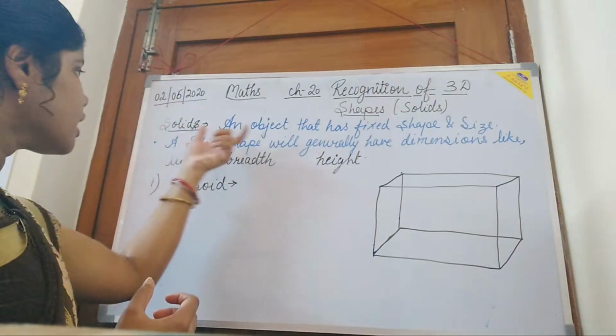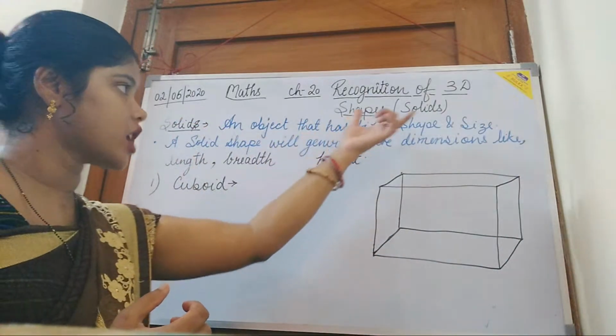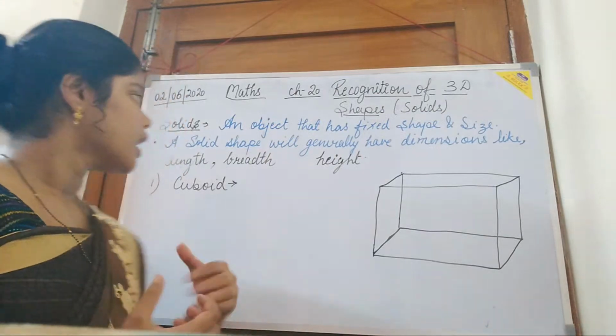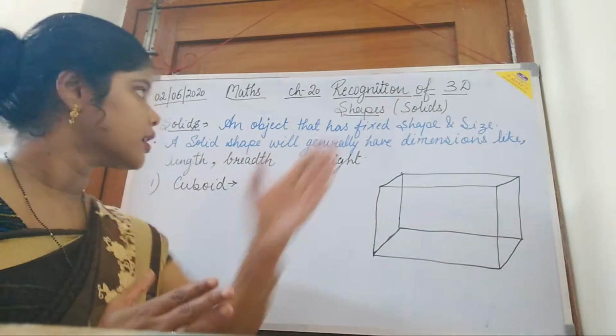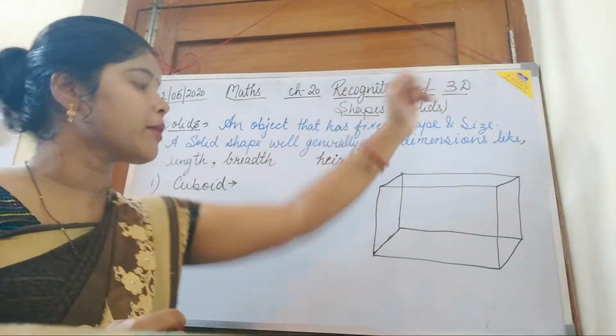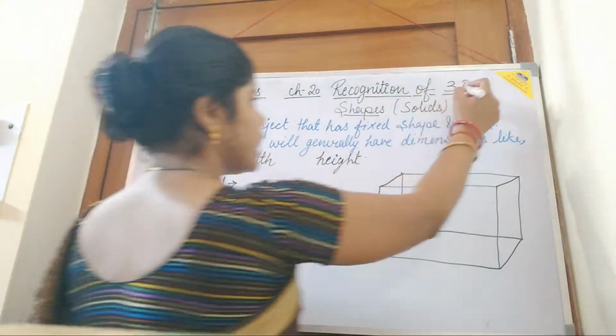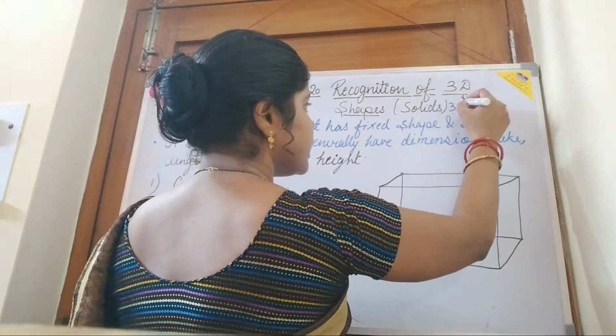Solids are objects that have a fixed shape and size, and fixed shape and size means they have some dimensions. 3D stands for 3 dimensions.